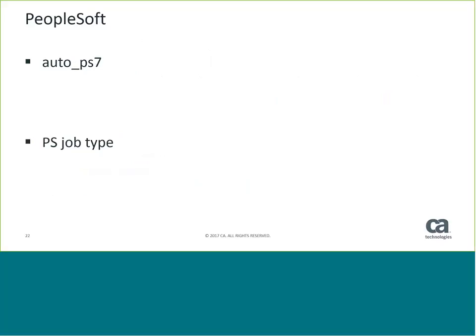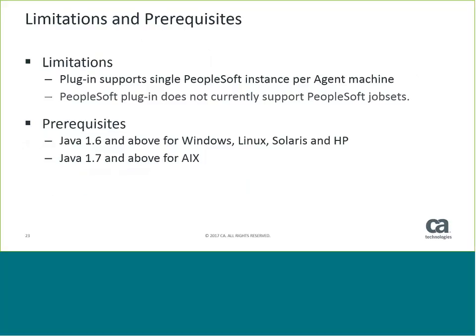Now, on the PeopleSoft side, this one is pretty straightforward because we go from one job type to one job type. We go from a command line running auto PS7, or PS6 if you're older than that, and we translate that to the PeopleSoft job type. There are some limitations and prerequisites.